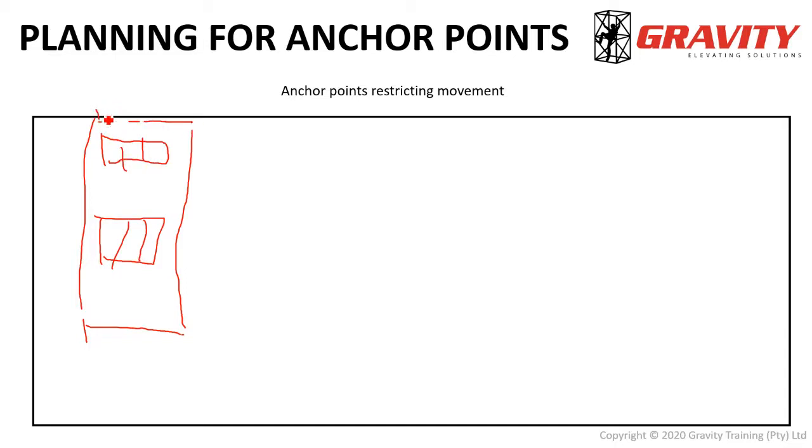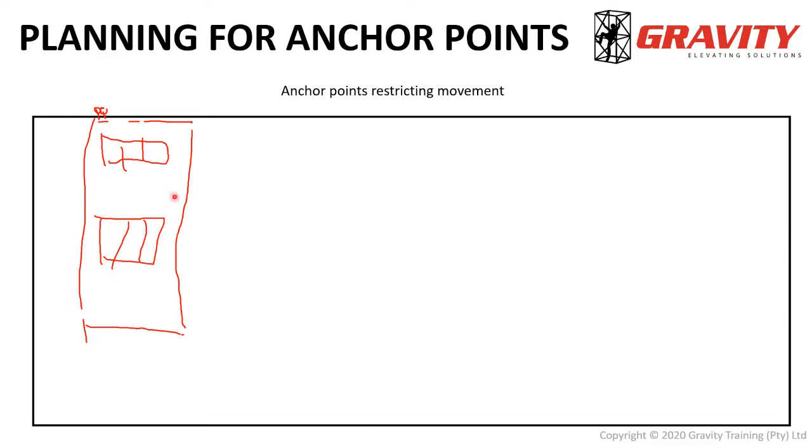If you were to place your anchor points there, then the user will have easy access to the left-hand side of this building, all these windows. But for him or her to access this part of the building will be quite difficult, seeing as it'll put tension on those ropes and the ropes will keep wanting to swing back.